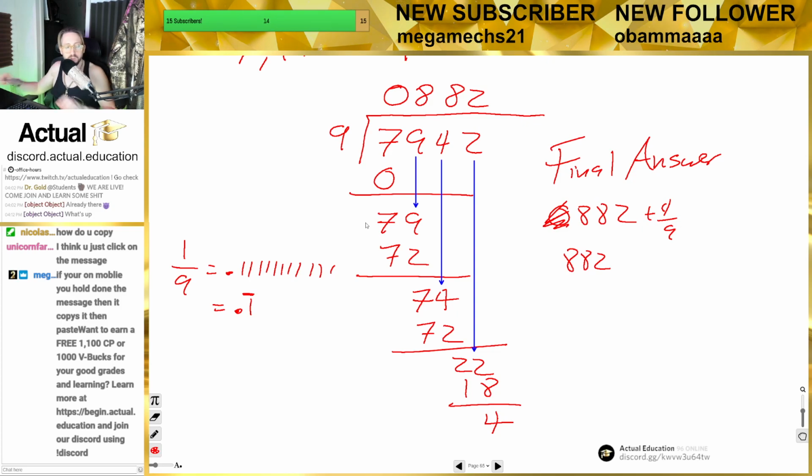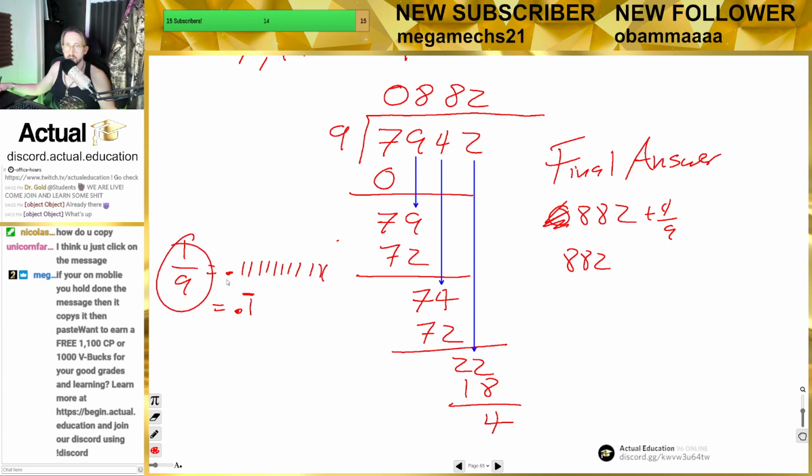You can have decimals where the numbers go on forever if you're converting fractions into decimals. So that's what this bar means. Whenever this bar is above something, it means it gets repeated an infinite amount of times. Okay?